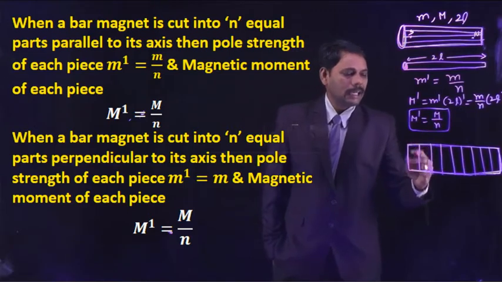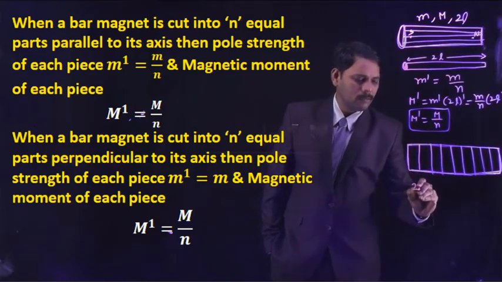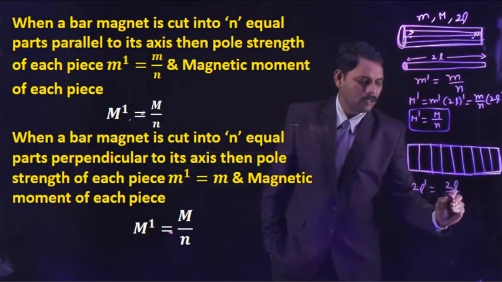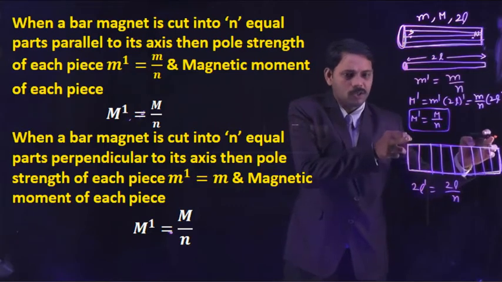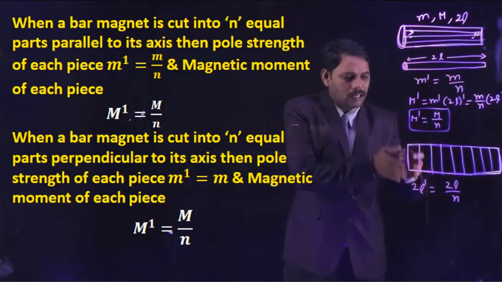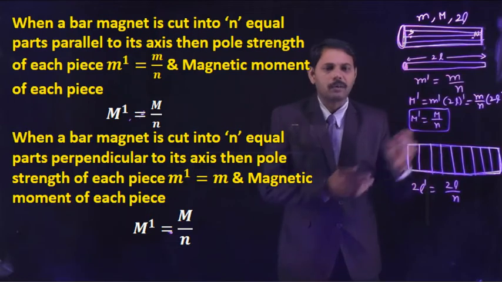Then the length gets modified. 2l dash is the new length, that is 2l by n. The actual length between the poles of the magnet is 2l. Now it is cut into n equal parts perpendicular to its length.